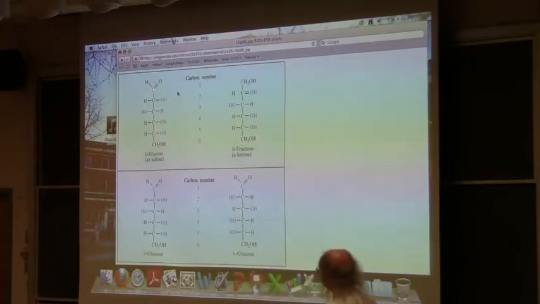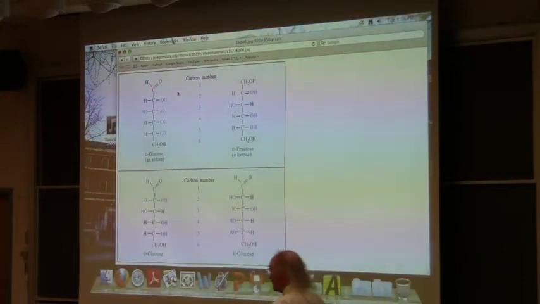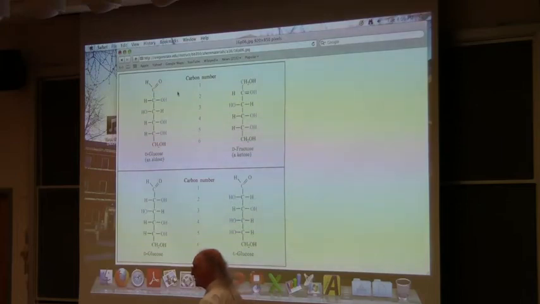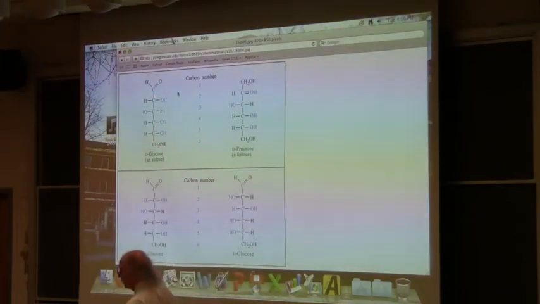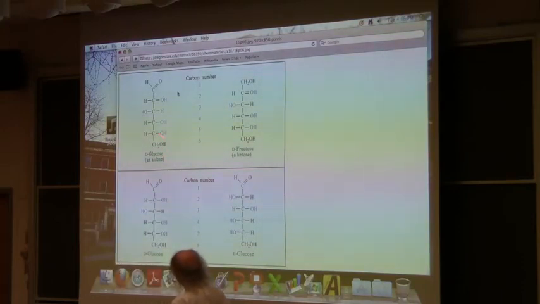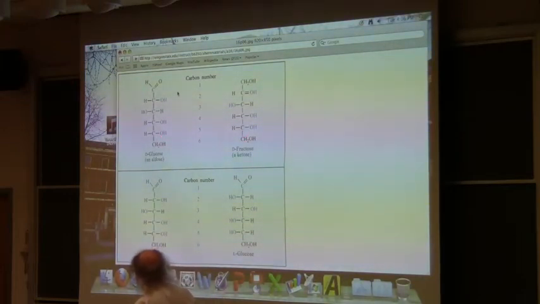So glucose is an aldose. Glucose is also a hexose because it has 6 carbons. And we see it's in the D configuration because the next to the bottom carbon has the hydroxyl on the right side. Okay? D-glucose.